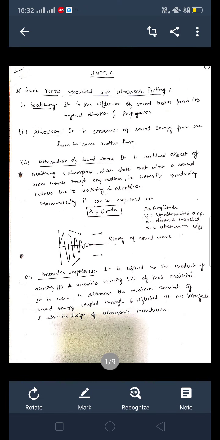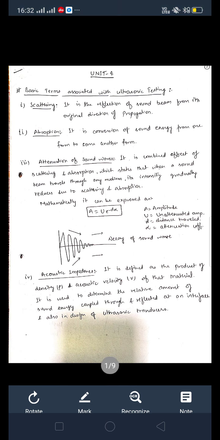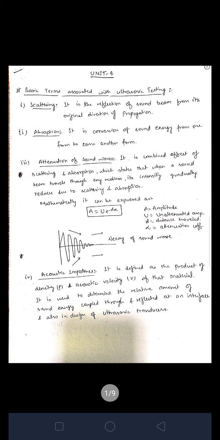Before starting the basic terms associated with ultrasonic testing, we have to know what ultrasonic testing is. It is a family of non-destructive testing techniques based on the propagation of ultrasonic waves in the object or material tested.